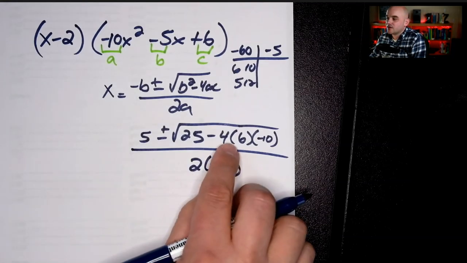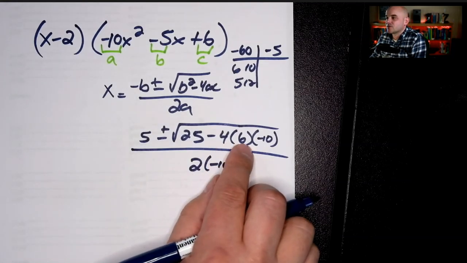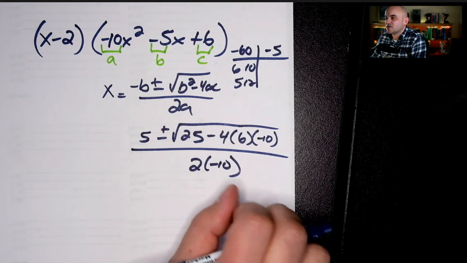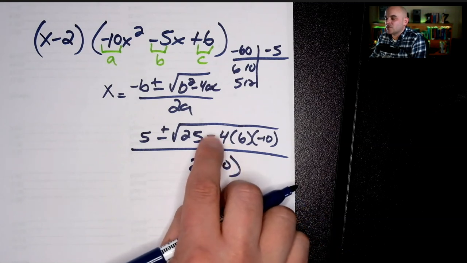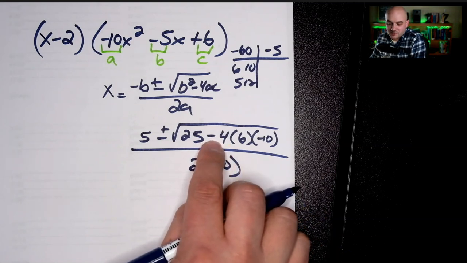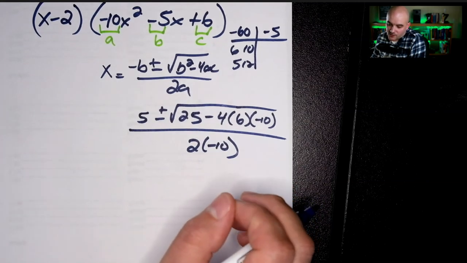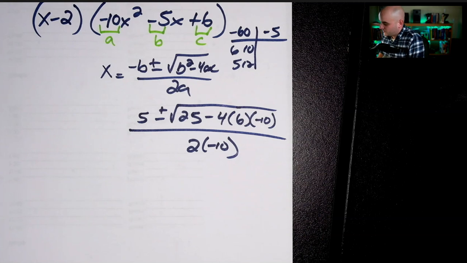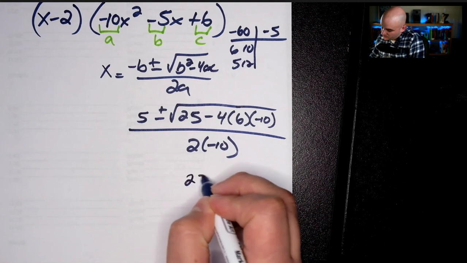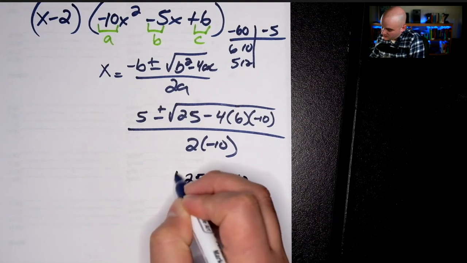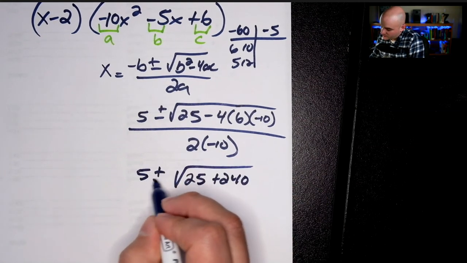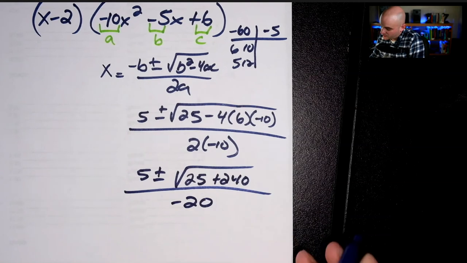And so let's see, 4 times 6 is 24, times negative 10 is negative 240, but we're subtracting, so it's going to become a positive 240. And that gives me the square root, let's work this out. Where is my calculator? 25 plus 240, and I'm square rooting it, 5 plus or minus that, all over negative 20.